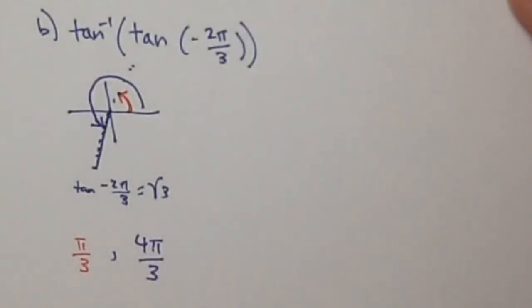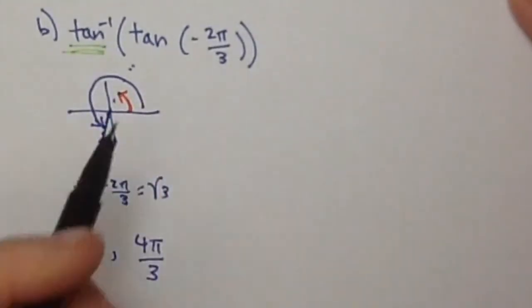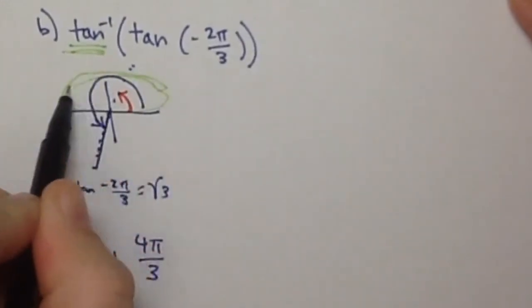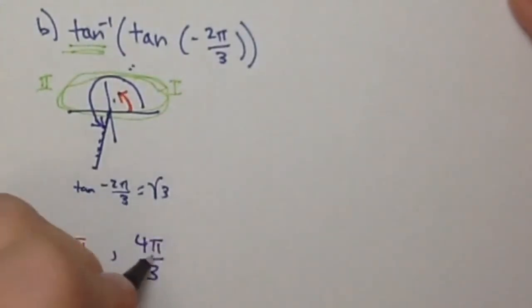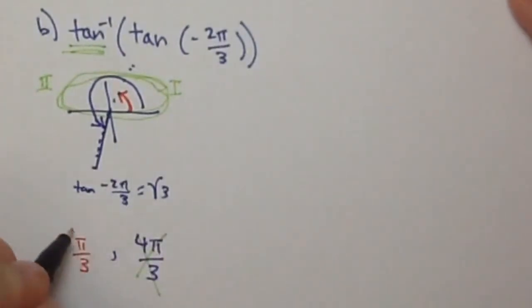And these are both mathematically understandable. But you've got to think about this inverse tangent. Its domain is again the first and second quadrant. For that reason, we can't use 4 pi over 3, and our answer is pi over 3.